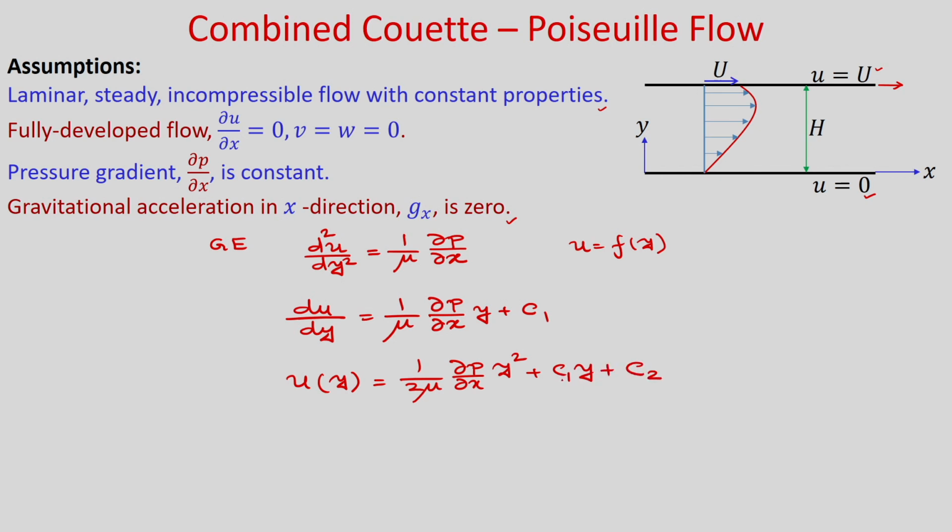So, now we need to find these constants c1 and c2 invoking the boundary conditions. We have two unknowns c1 and c2, so we have two boundary conditions.